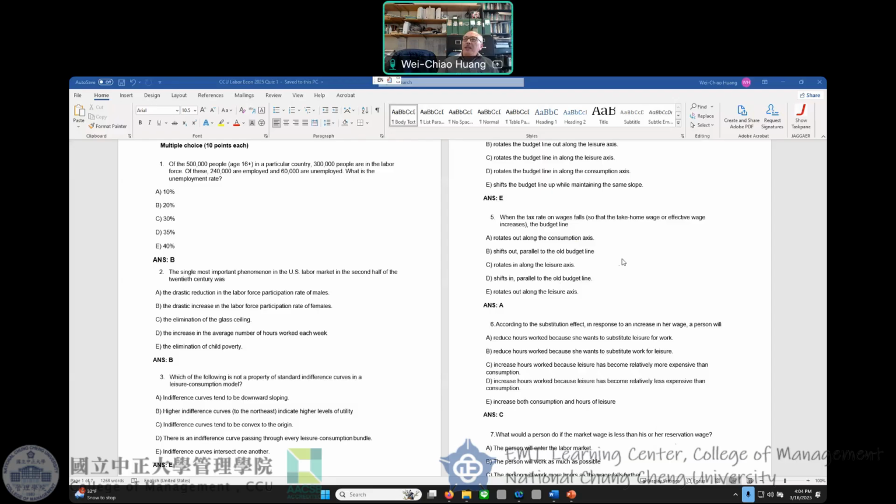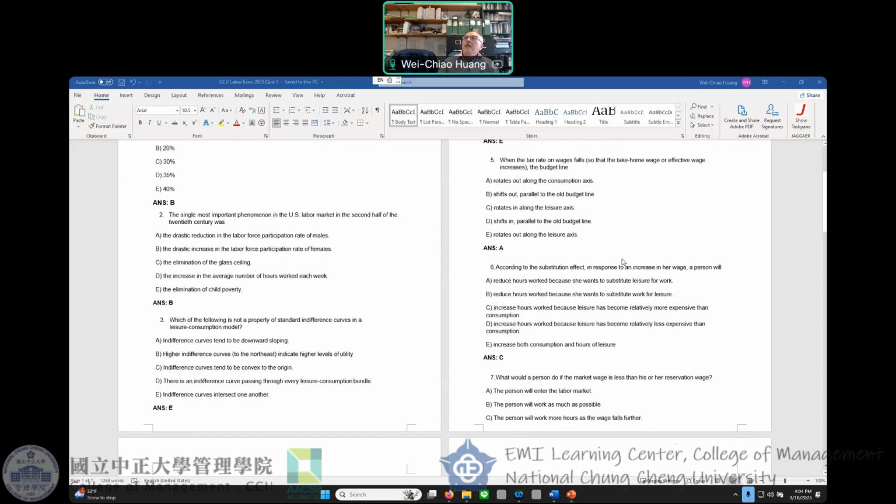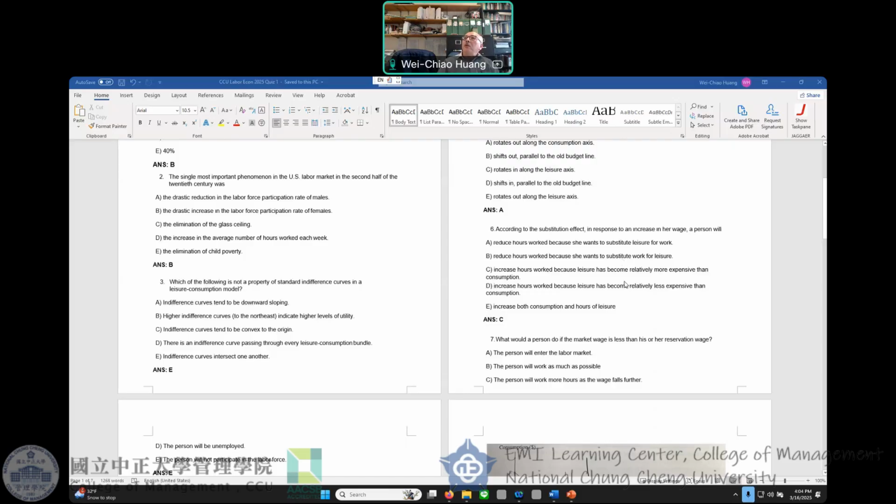That essentially is an increase in the real wage. So that is going to rotate the budget line out along the consumption axis. Essentially, the slope of the budget line is the real wage rate. The real wage rate goes up, which means the slope of the budget line is going to be steeper. And so it's A.